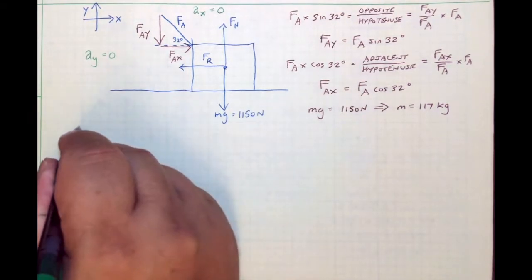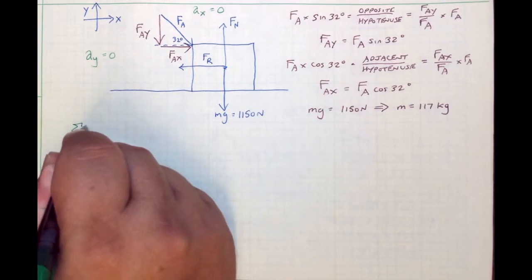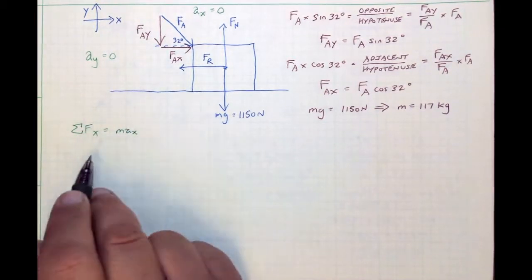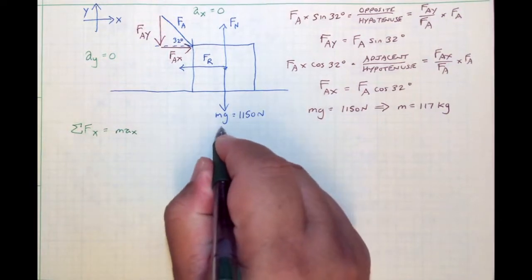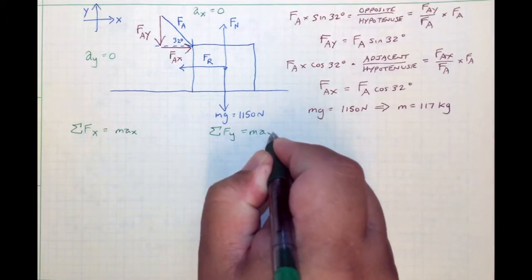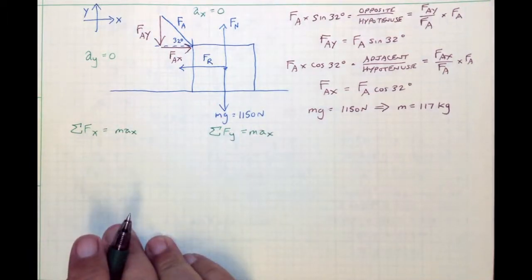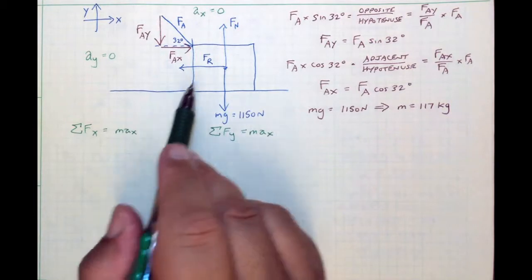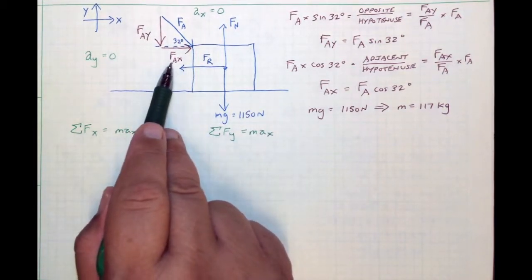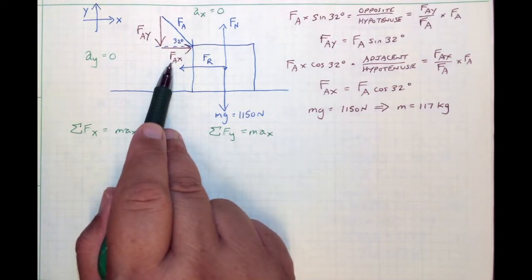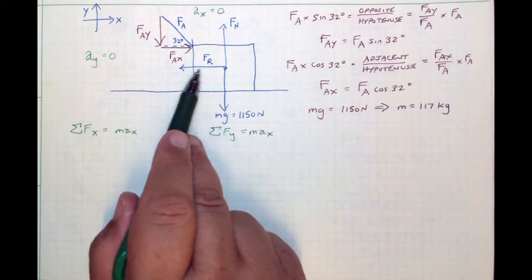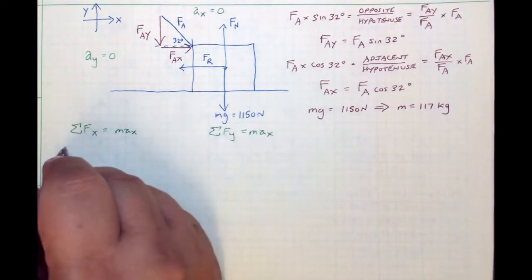We write out Newton's second law, as we have done before, as two equations. One equation for the x forces and another equation for the y forces. Looking at our diagram, we see that there are two forces in the x direction. The x component of the applied force, which is positive to the right, and the force of kinetic friction, which is negative to the left.